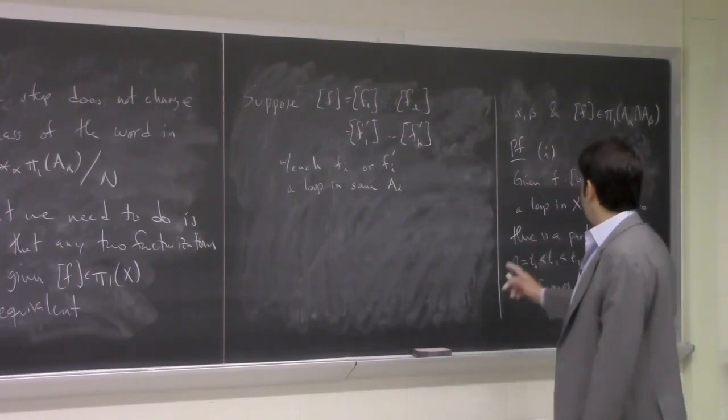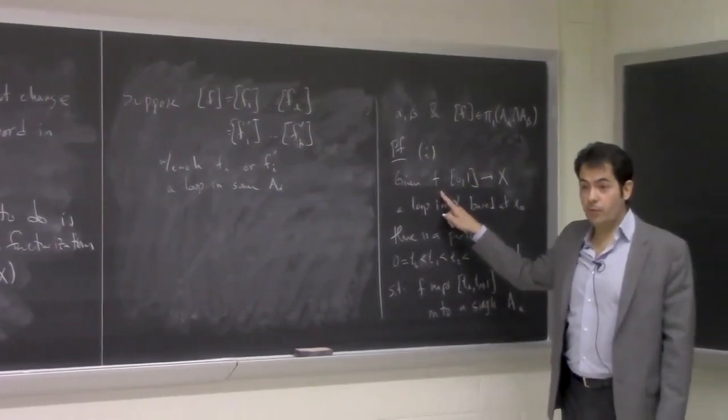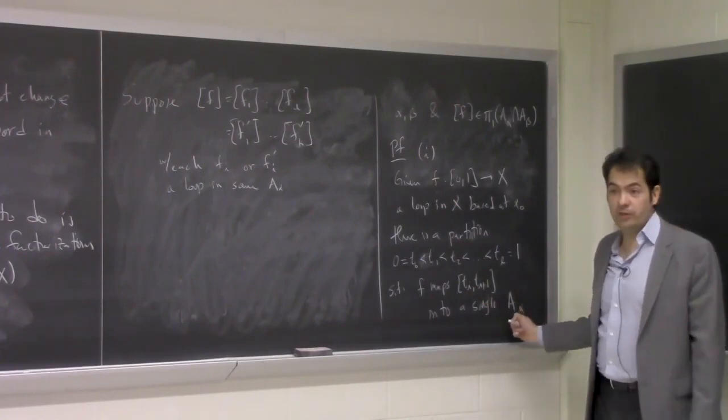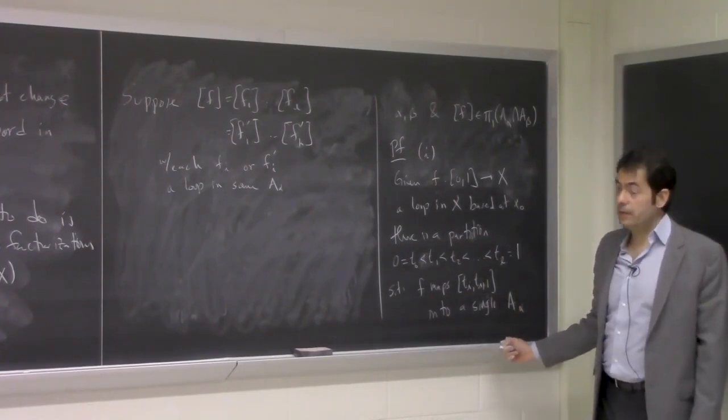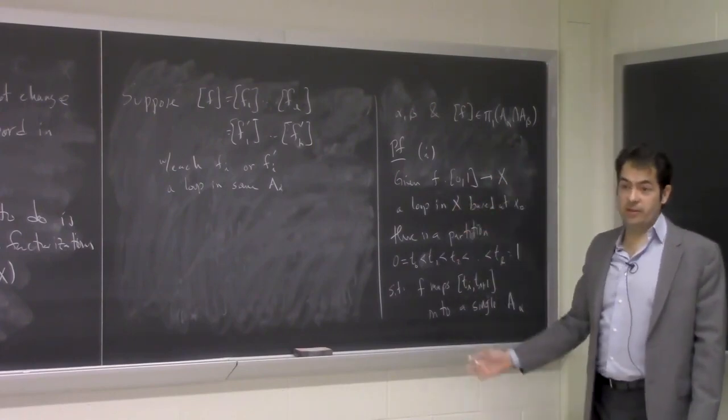OK, so we want to do the same thing we did with the single loop. We want to use compactness to break this into pieces that get mapped into a single A_alpha, right? And we want to do that to get from one factorization to the other.